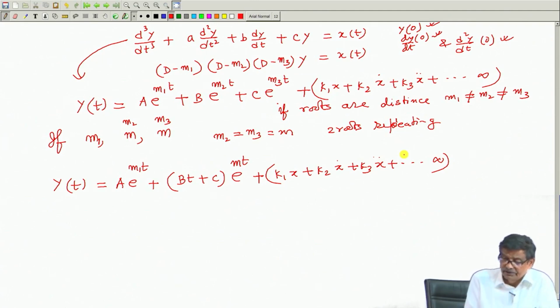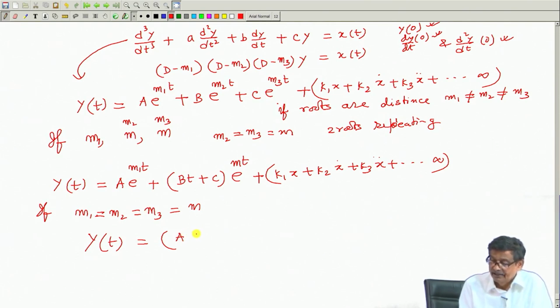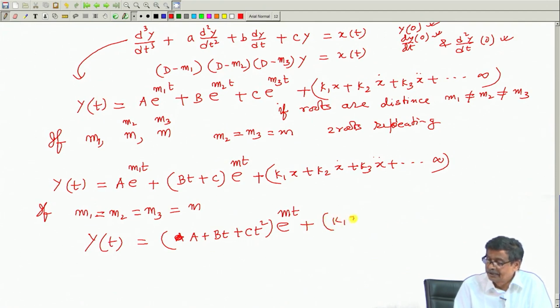If all the 3 roots are repeating, if m 1 equal to m 2 is equal to m 3 is equal to m say, then the total solution will be, you can easily see, a plus b t plus c t square into e to the power m t plus k 1 x plus k 2 x dot up to infinity. Got the point?